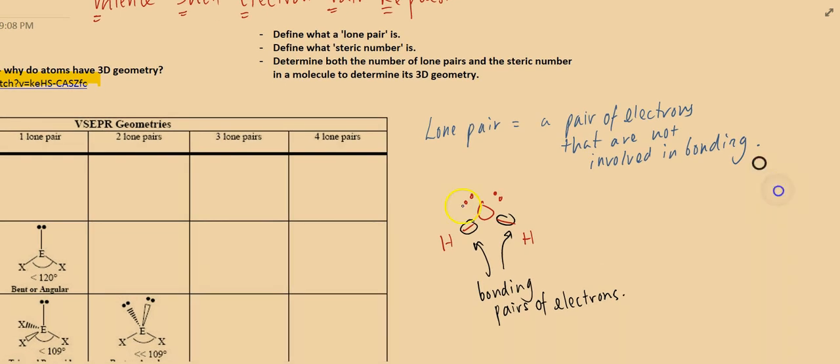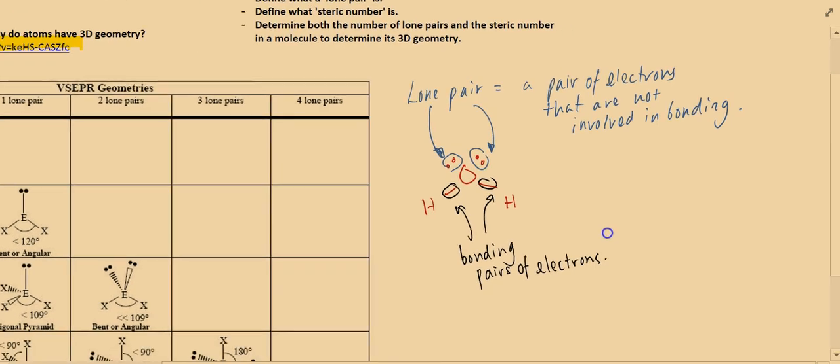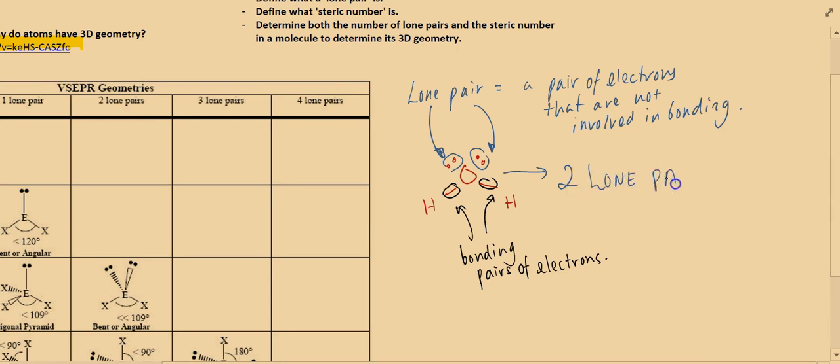On the other hand, we have these pairs of electrons here that aren't involved in bonding. These are our lone pairs. So if we were to count the number of lone pairs around the oxygen atom in water, there are 2 lone pairs.